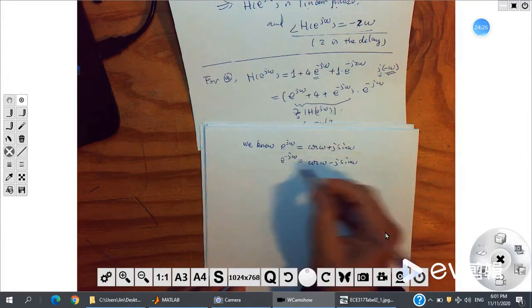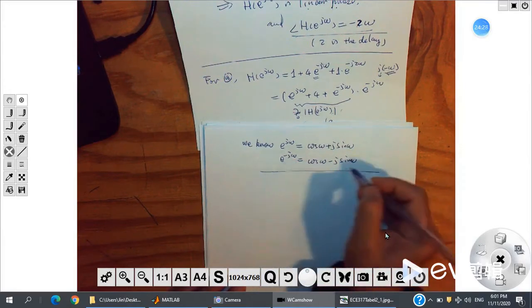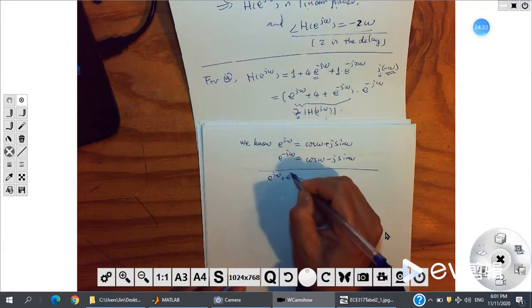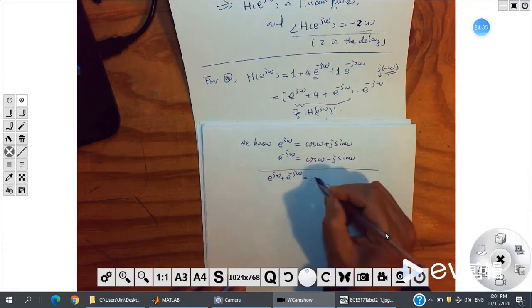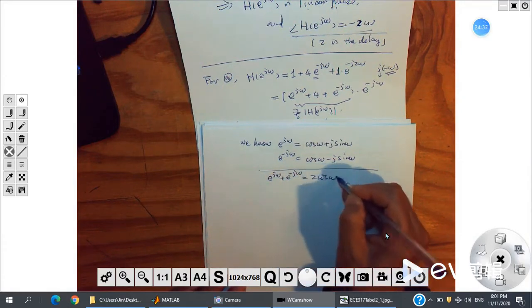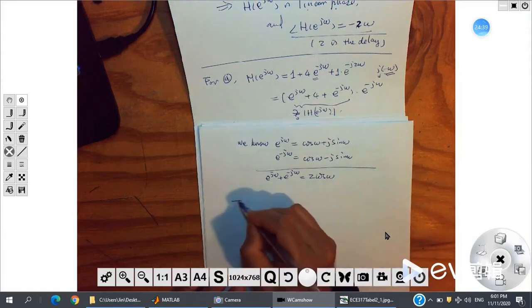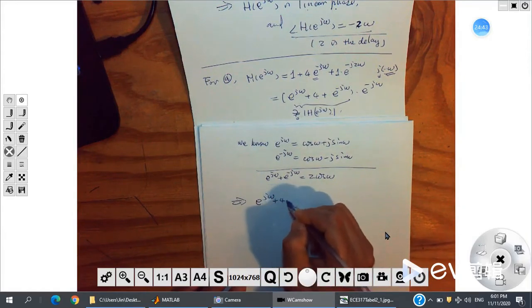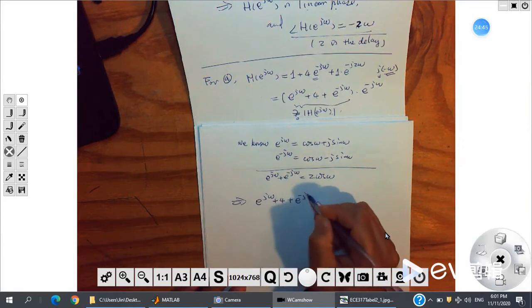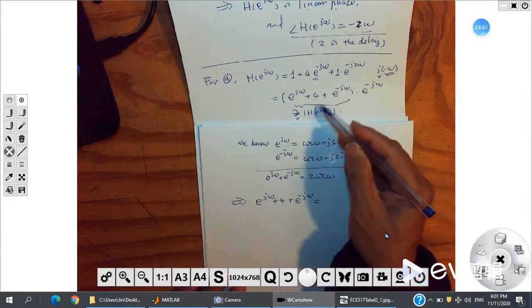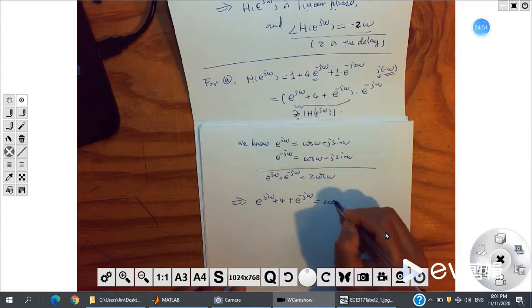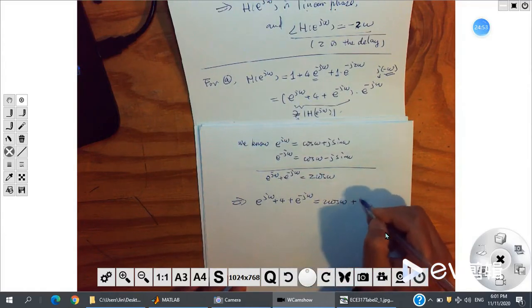So we do the summation: e to the j omega plus e to the negative j omega equals 2 cosine omega. So we have this part, e to the j omega plus 4 plus e to the negative j omega, which is 2 cosine omega plus 4.